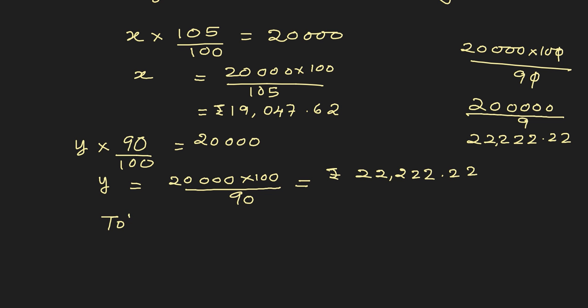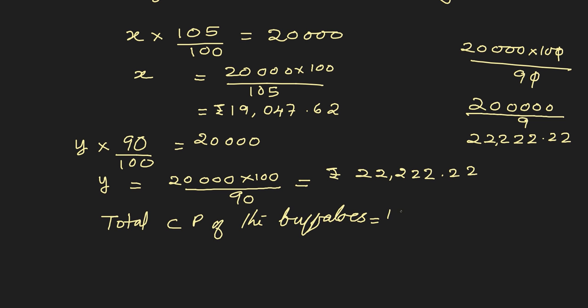You can write total cost price of the buffaloes as 19,047.62 plus 22,222.22. While adding you will get 41,269.84.